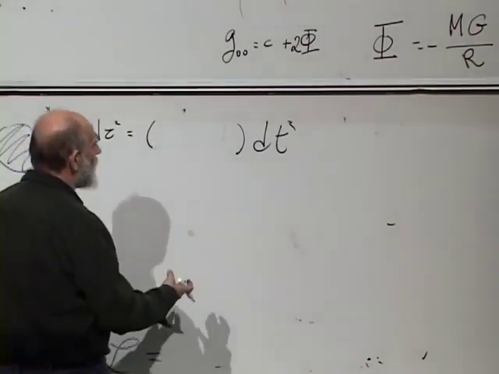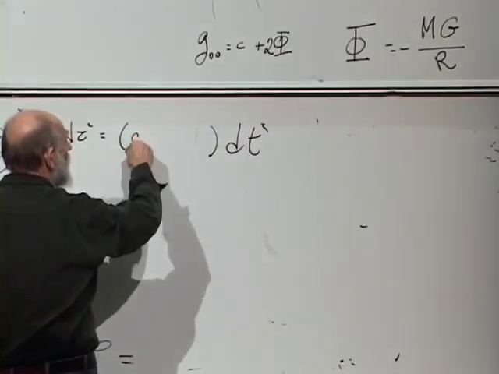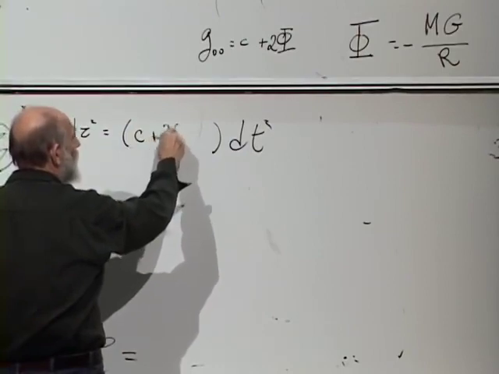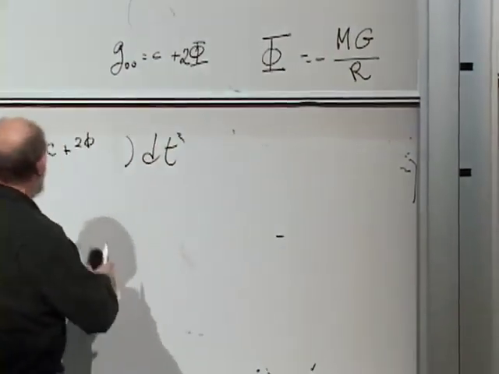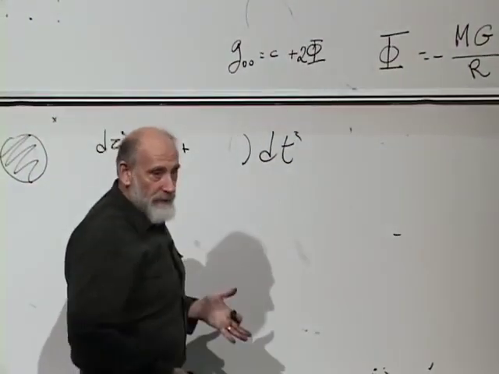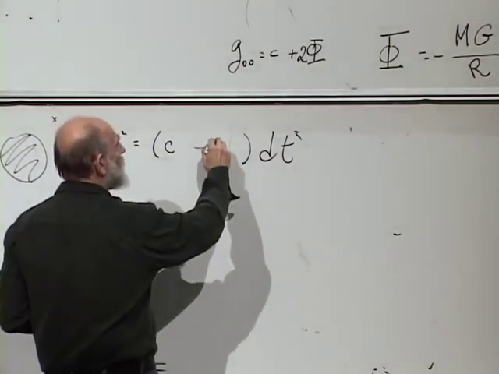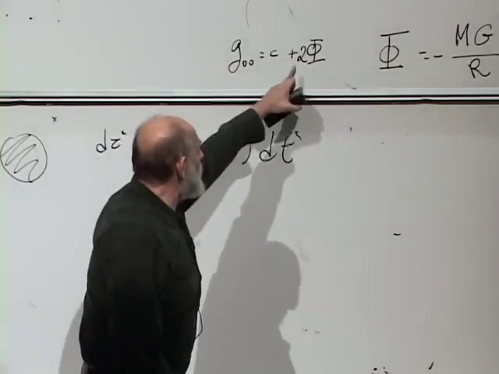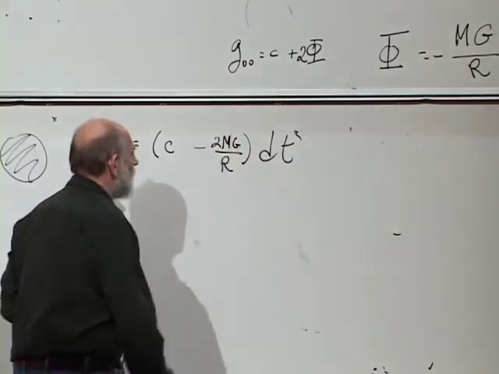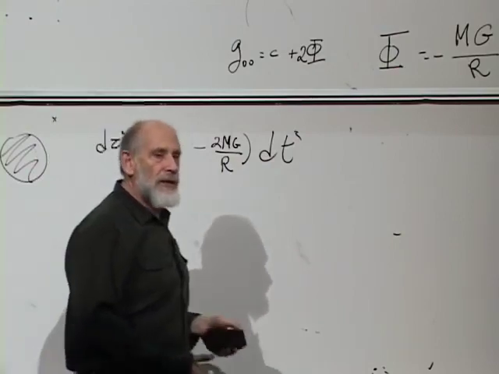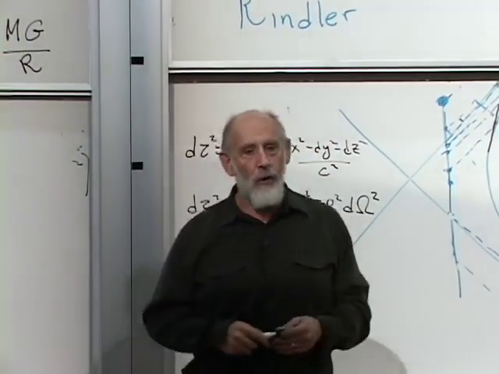It's going to be g naught naught, and what I expect is it will have the form some constant plus twice phi. But phi is just minus mG over r. Now that may or may not be exact. It happens that it is exact. There's a factor of 2, and so it's minus 2mG over r. Now what shall I take this constant c to be? Well, let's go very, very far from the black hole.